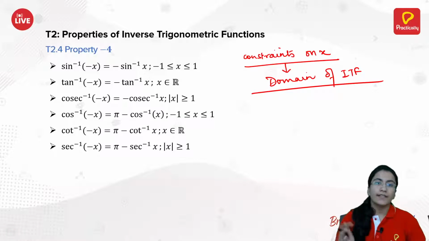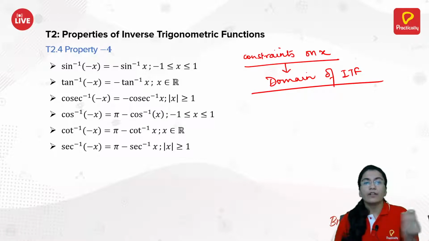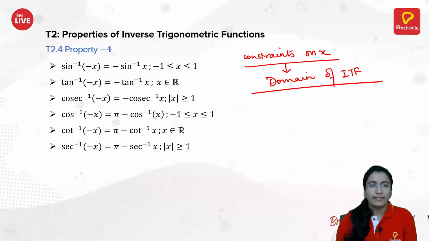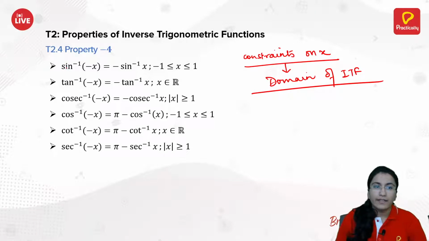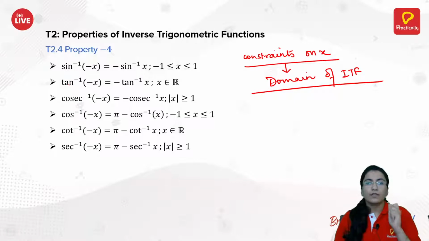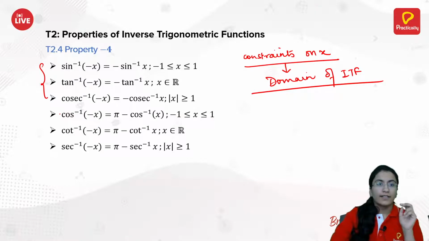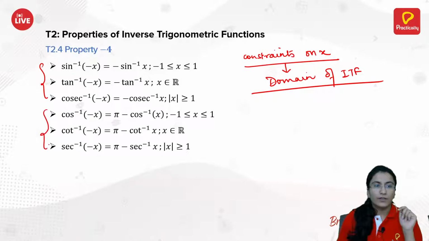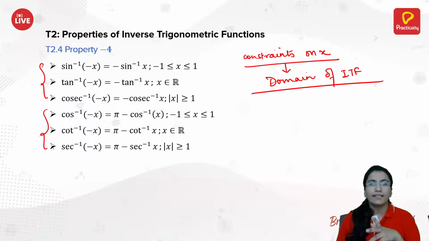And after setting the constraints, how you can remember this property: for sine inverse x, tan inverse x and cosecant inverse x, I said earlier to remember these two sets of triads, these three functions together and these three together, right?